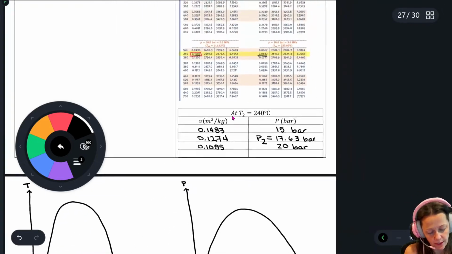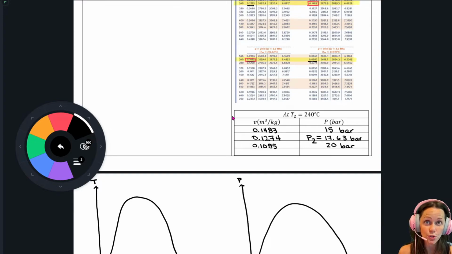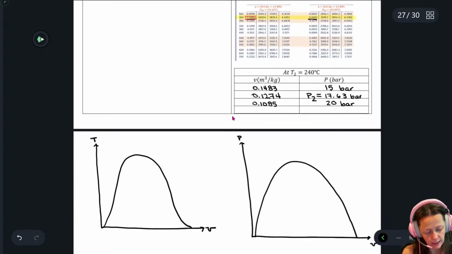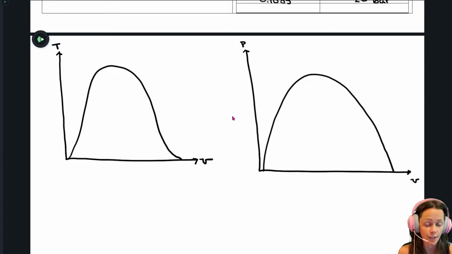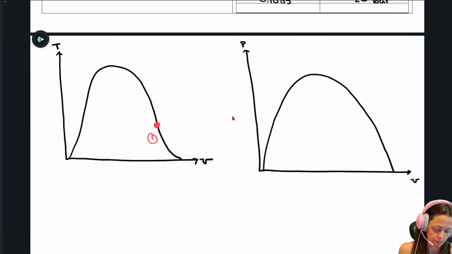All right, so now I have a pressure at state 2. So let's go draw things on my PV, my TV diagram. So on my TV diagram, at state 1, I know it was a saturated vapor. At state 2, I know it was superheated. So I just need to make sure that I draw things in the right places corresponding to that vapor dome.